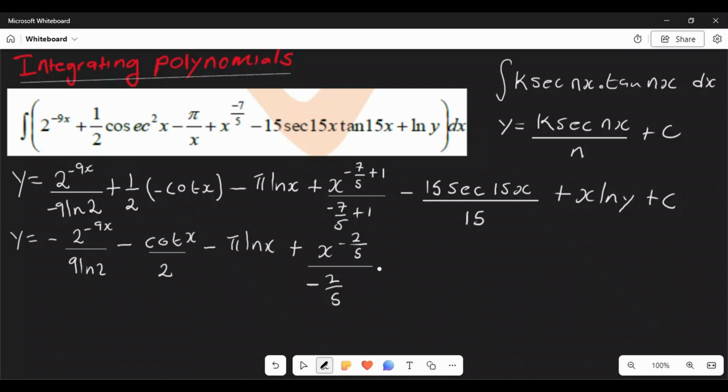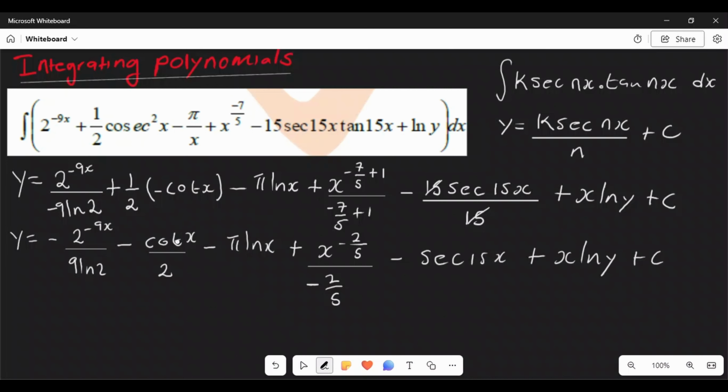I know some of you know already what to do, but I'd rather do things step by step. And then when you look at this one here, we have negative here. We can say 15 divided by 15 is going to give us 1. So basically we're left with sec 15x. And then this one, there's nothing we can do there. We just leave it like that. It's gonna be x natural log y plus c.